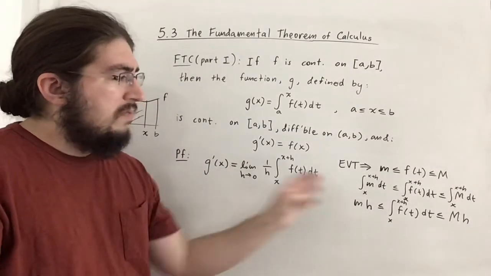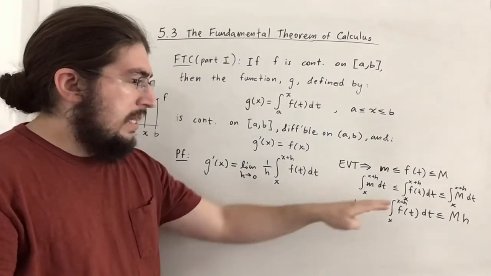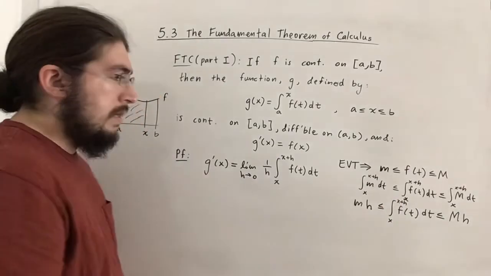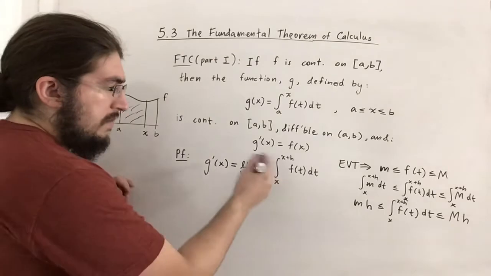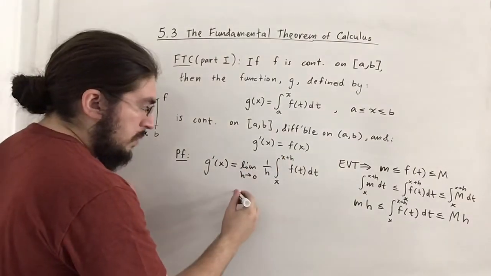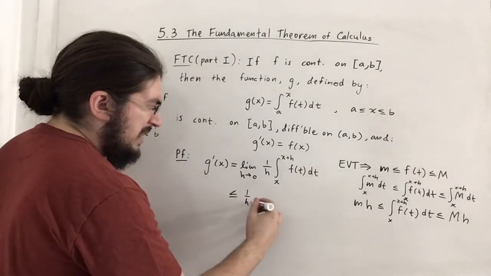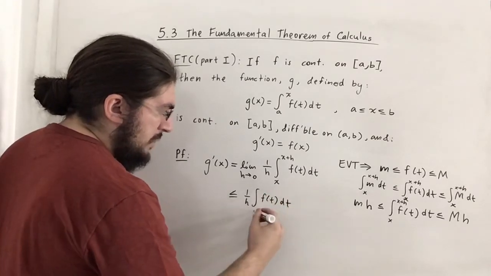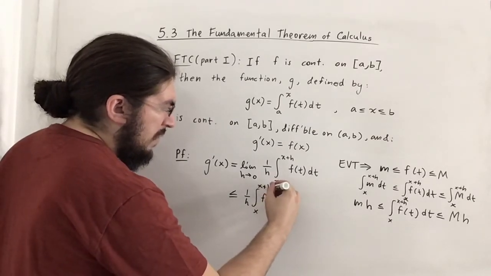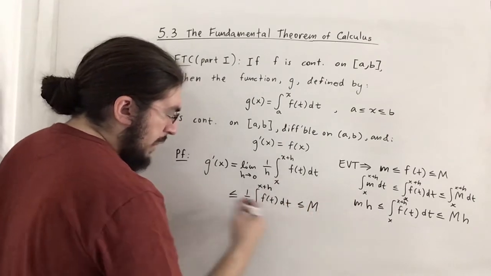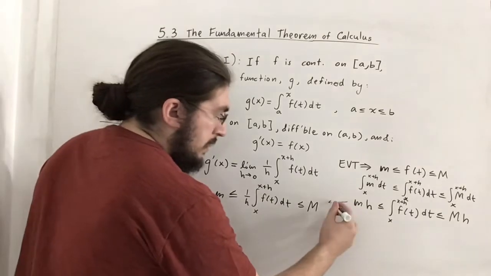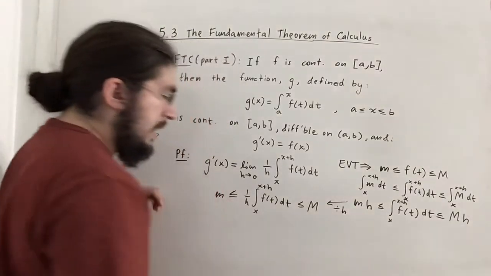So now if we divide through by h, we'll get that 1 over h times the integral of f of t dt from x to x plus h is legitimately in between lowercase m and capital M. Just dividing through by h, we get that.